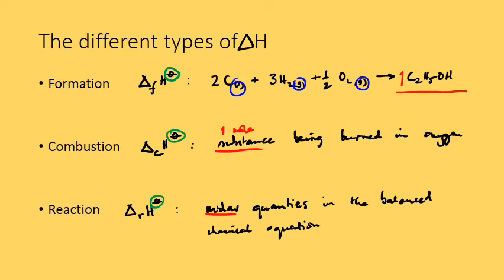So you mention the 3 things for the 3 marks: 1 mole, and that changes depending on whether you're defining formation, combustion, or reaction. But the second mark is for saying under standard conditions, and the third mark is for saying standard states. So there's your 3 marks for your 3 definitions.